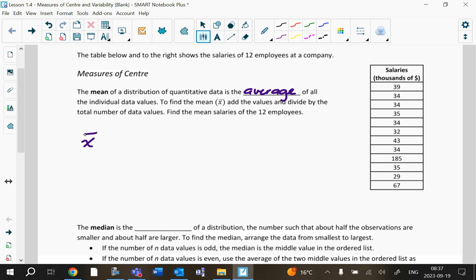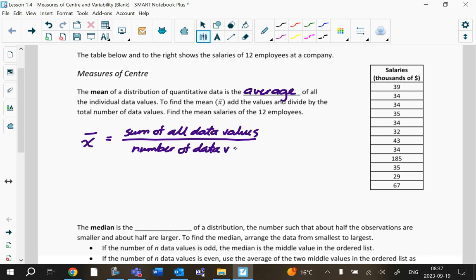It's the sum of all the data values divided by the number of data values. In fancy statistical notation, it looks like this.